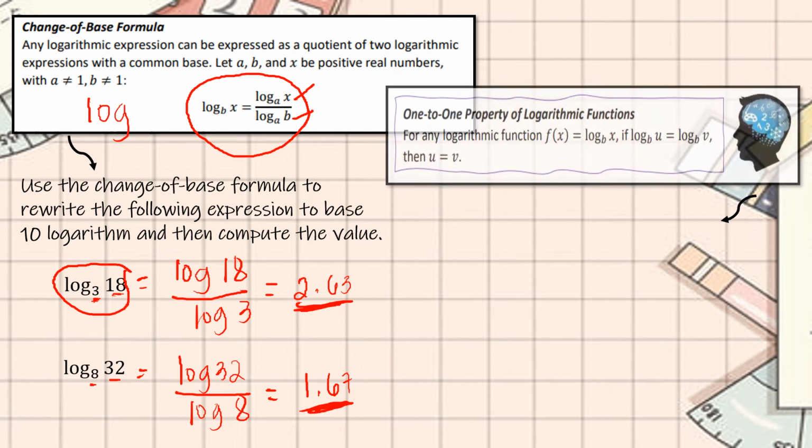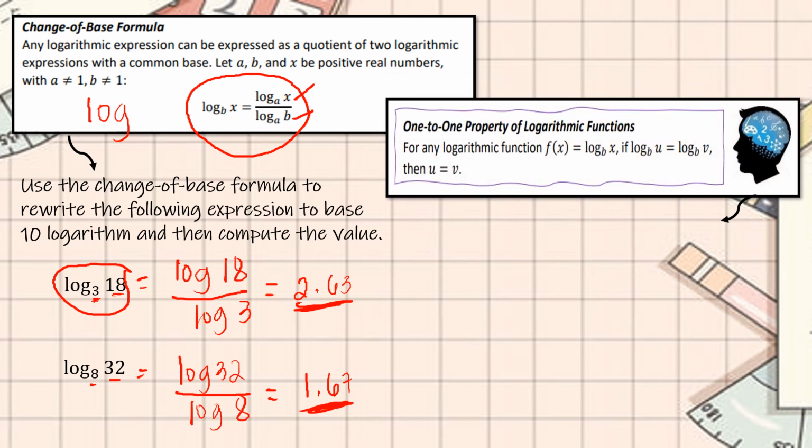Okay, so next is the one-to-one property of logarithmic function. For any logarithmic function, f of x is equal to logarithm of x with the base of b, if logarithm of u with the base of b equals logarithm of v with the base of b, then u is equal to v.